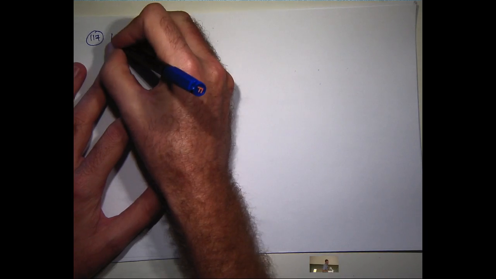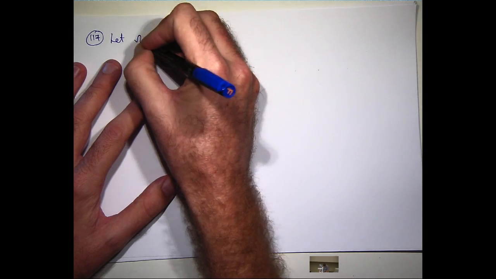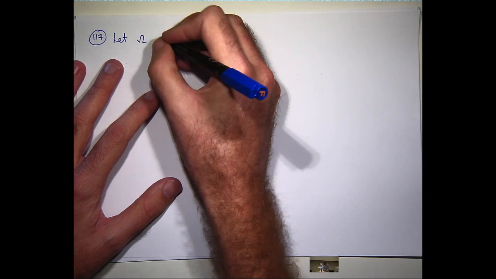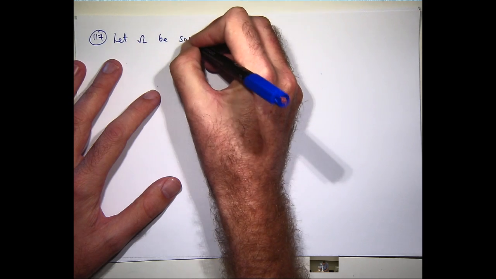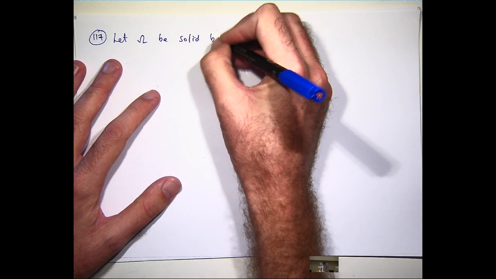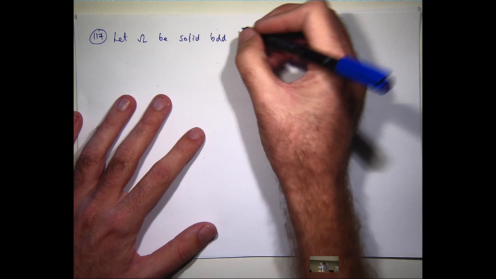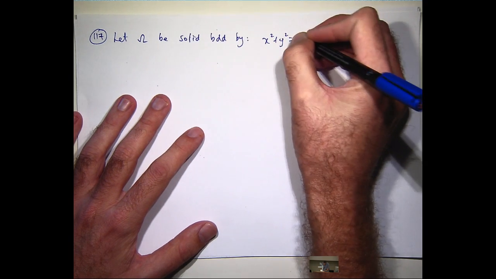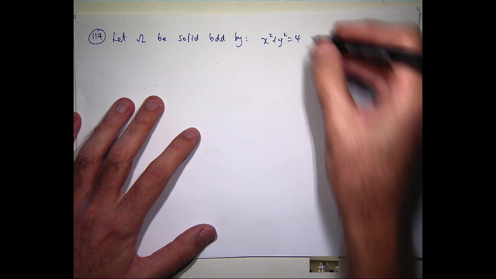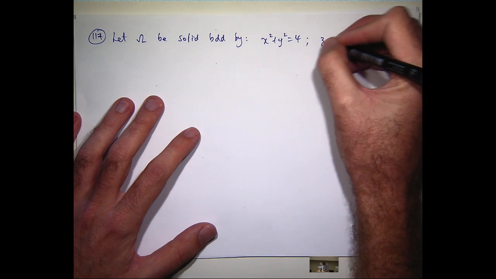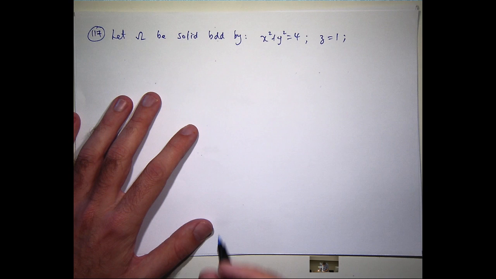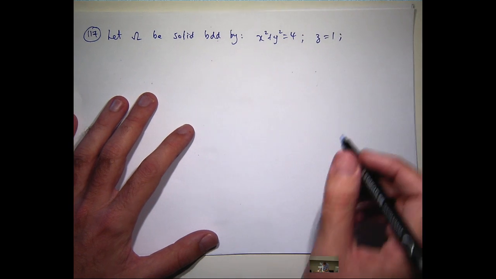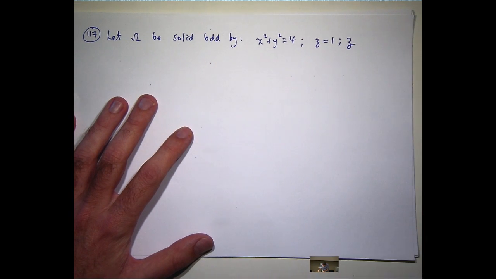All right. So I'm going to say our region is, say, omega. The solid bounded by this cylinder, this plane, constant plane, and this non-constant plane.